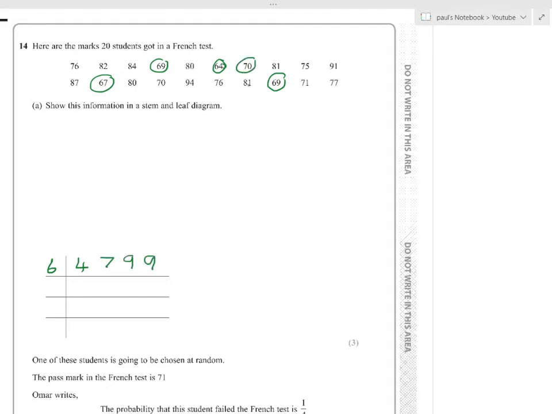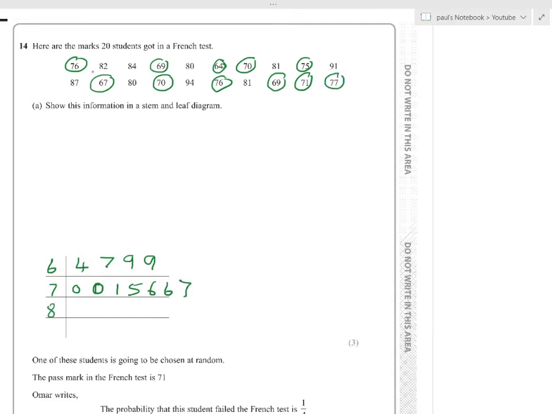Now we've got 70s. So we've got 70, 71, 71. No, there's another 70, sorry. Then 75, 72, 76s, one there, and a 77.